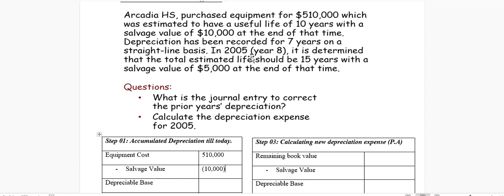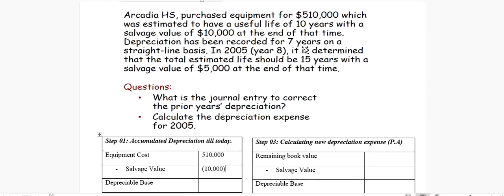In the 8th year, which is 2005, it is determined that the total estimated life should be 15 years with a salvage value of $5,000 at the end of that time. So this is a change in estimate. We estimated that the useful life of the asset would be 10 years, but after using it for 7 years, we realized it is actually 15 years.